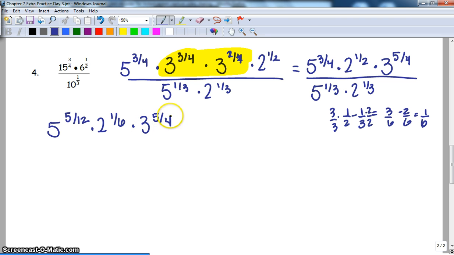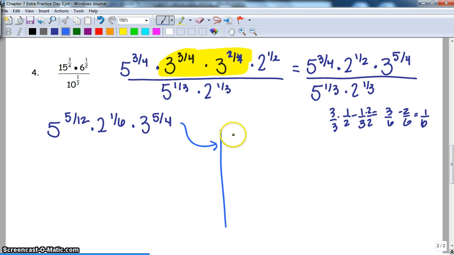Okay, now remember, we need these all to be under the same exact root. And right now we would have a 12th root, a 6th root, and a 4th root. So you need to find your common denominator. And let's just say that you think it's 24. Okay, let's just pretend. It really should be 12. But let's just say you think it's 24. All right, just go with it. So we'll come over here.